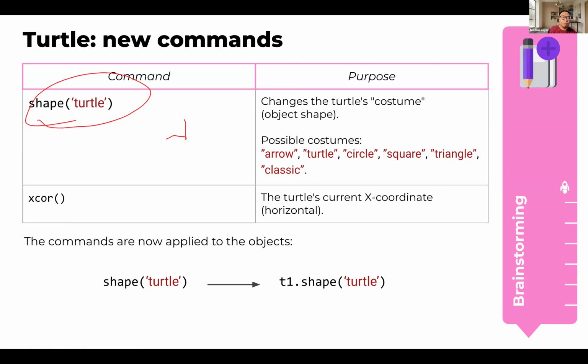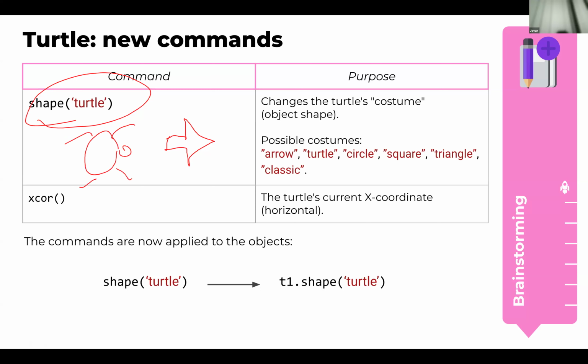Do you remember that? Yes. Now, if you want to change it from the arrow into something else, you can use shape. For example, if you want to change it to the turtle, just use shape turtle. It will change from arrow into turtle. You get it?